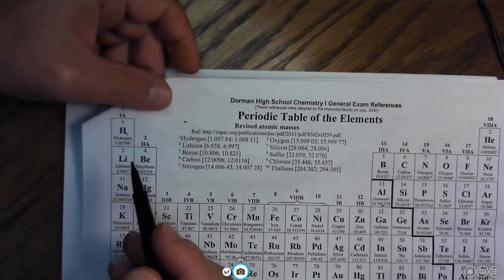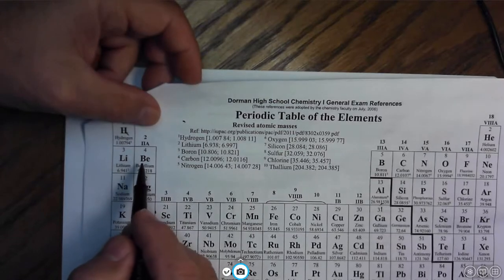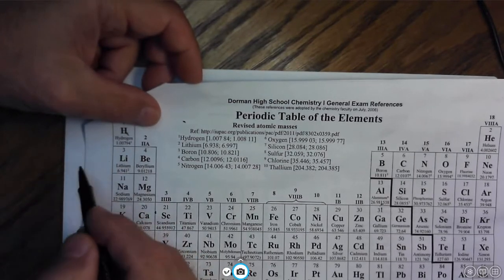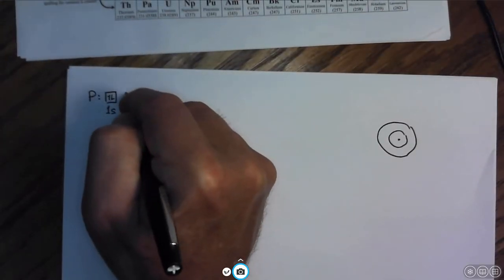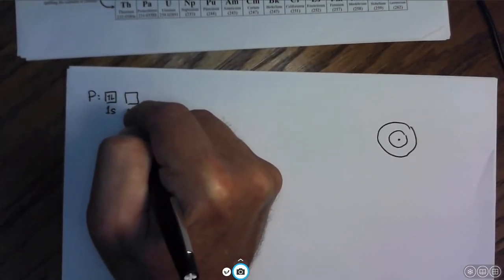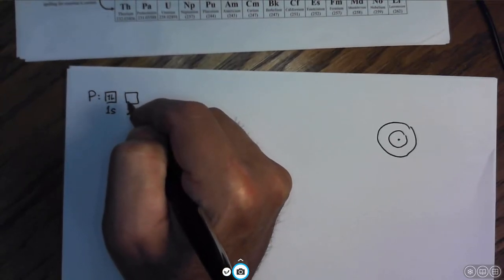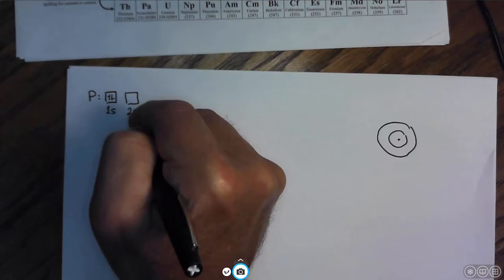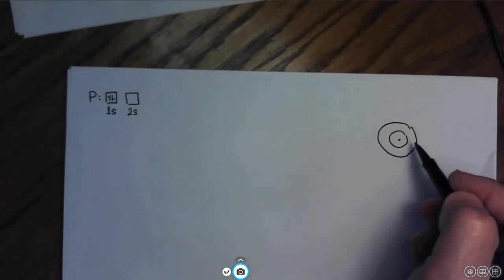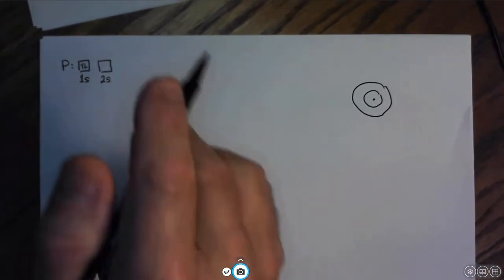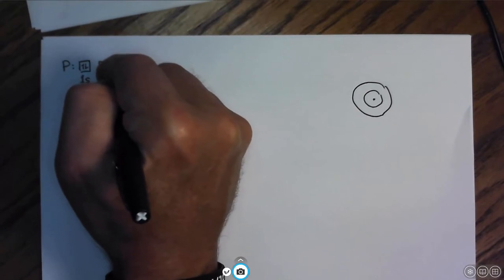We can tell that by the periodic table because I only have 2 elements in that s sublevel region in that second row. So this represents that s sublevel, or that s orbital, and you only have 1 orbital in the s sublevel. So 2s, because we're in the second period on the second level, and you have 2 electrons there.